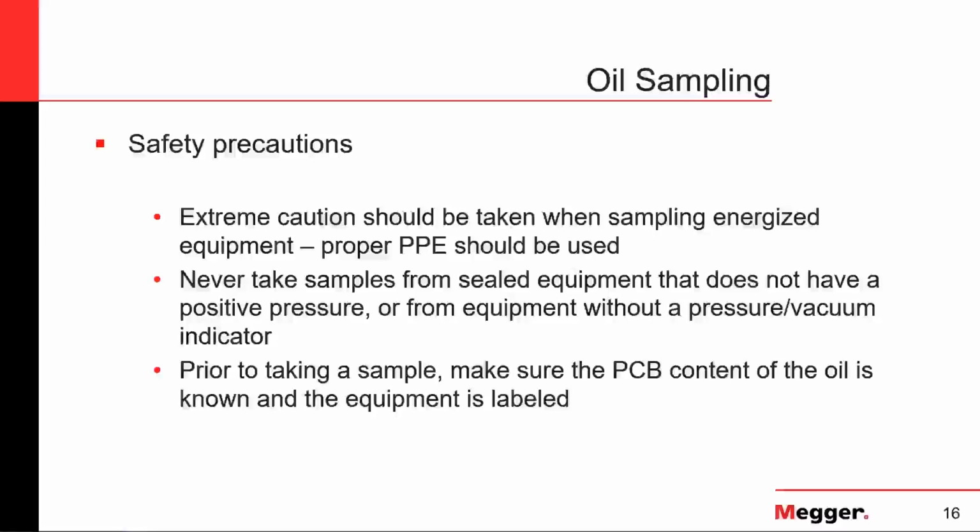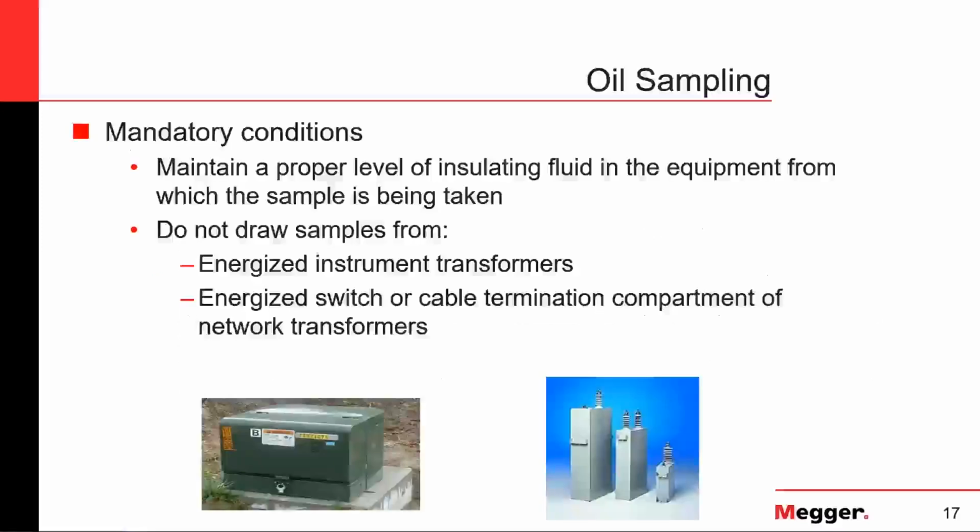Second of all, we need to make sure that the equipment we are taking samples from has positive pressure, right? If the equipment does not have a pressure vacuum indicator and we cannot confirm that it has positive pressure inside, then we cannot take a sample out of that unit.